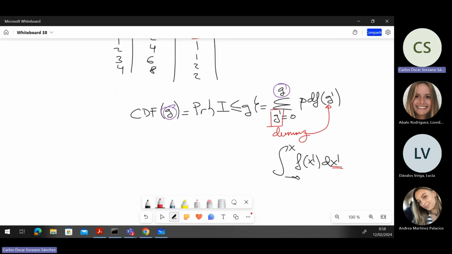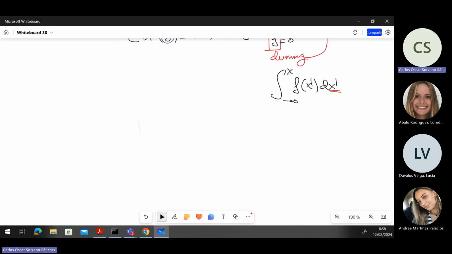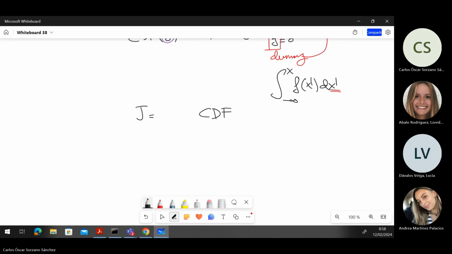So I will construct a new image, J, that is CDF of I. But the CDF goes from 0 to 1. So I will multiply by 255, going back to 0 to 255. So this value is between 0 and 255.